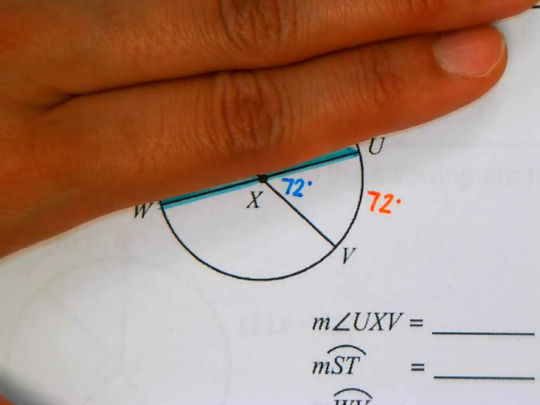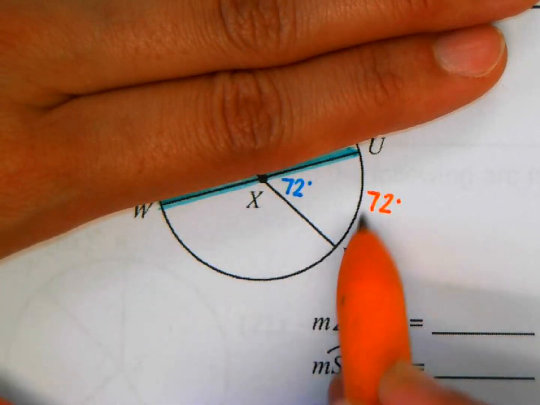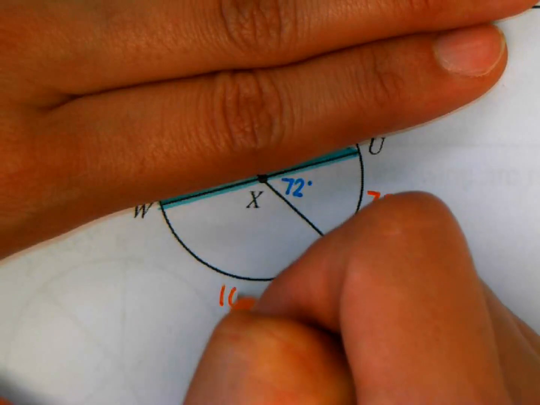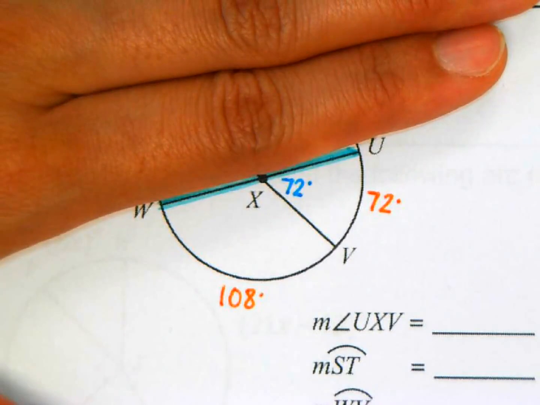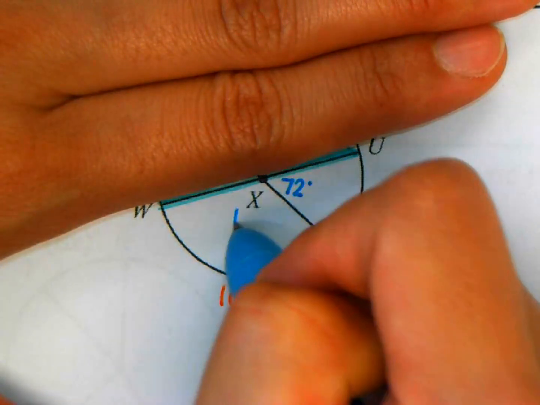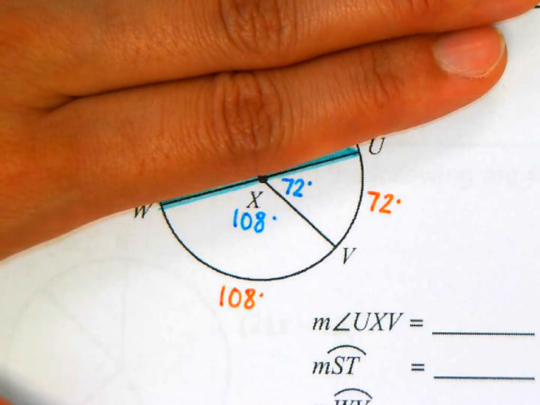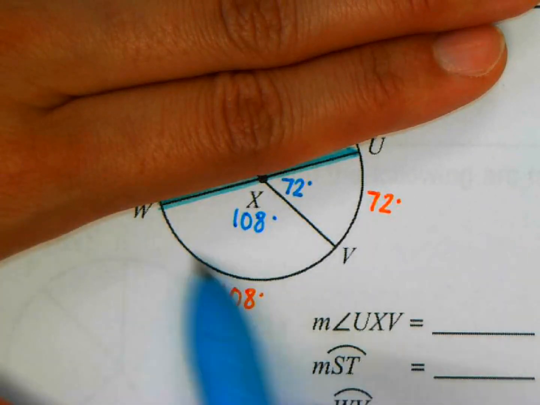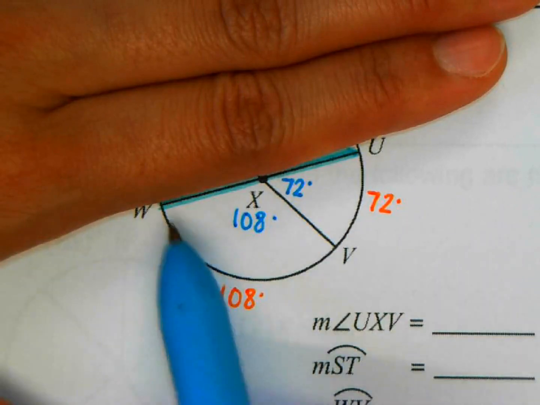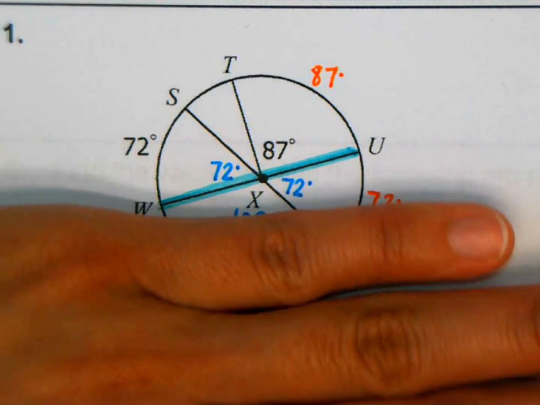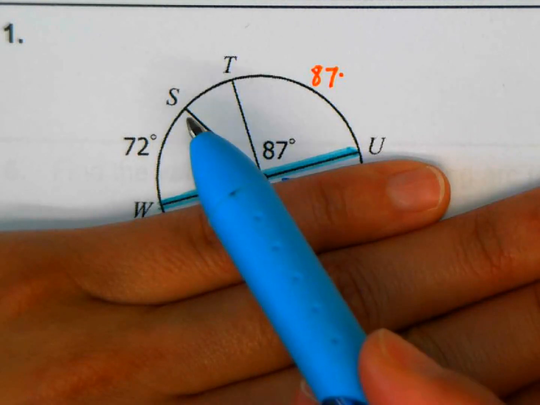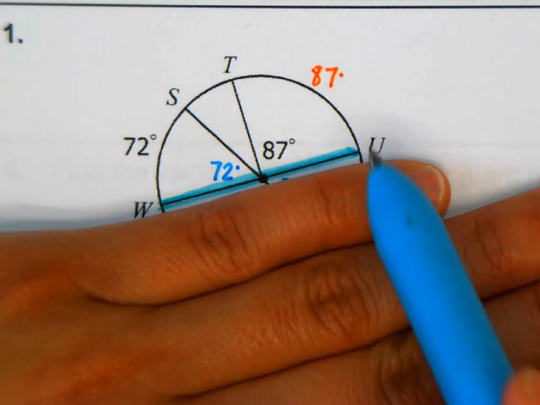So from here to here is 180. If I take away 72 from 180, I get 108. So if that's 108, then this is 108. Any questions on this? Half a circle, 180. Same thing on this top half. This top half has 1, 2, 3 pieces on its arc.